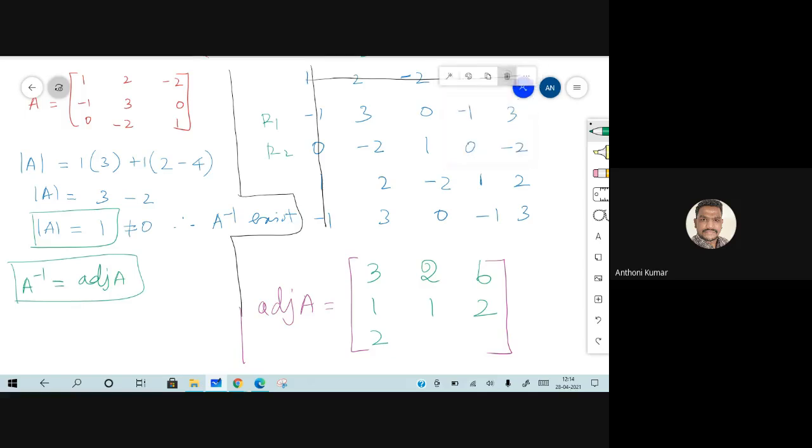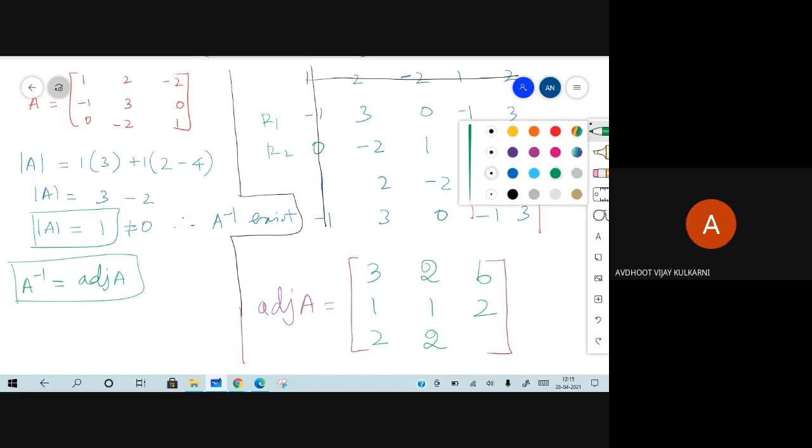And now to write this element here, take the determinant of these 2. What is the determinant? Come on. Also plus 2. And the last element, you need to take a determinant of these 2 by 2. What is the answer? It is 5. Understand, students?